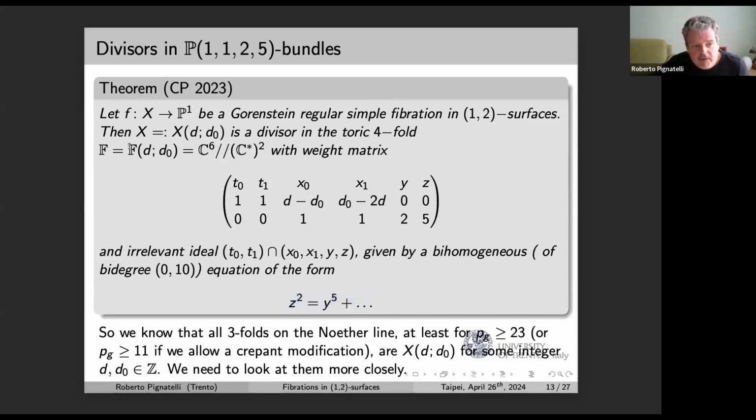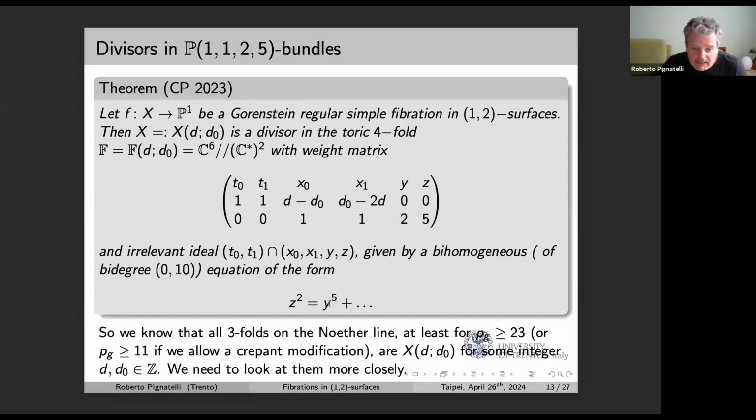This F is a singular fourfold because the weighted projective space with weights P(1,1,2,5) has two singular points, and any bundle in P(1,1,2,5) has singular points along these two points, so it has two sections of singular points, two curves of singular points. One for x0, x1 and z0 and y1, or for x1, x0, x1, and y0, and z equal to 1.